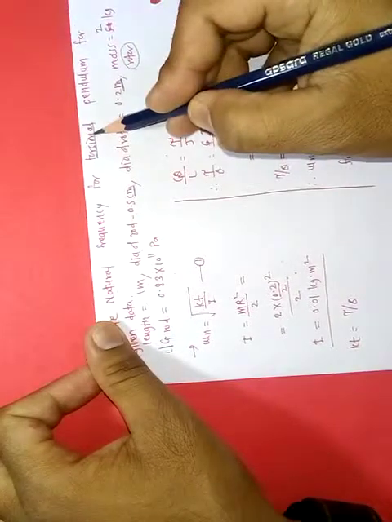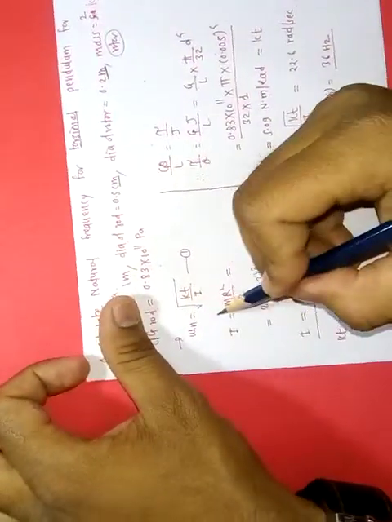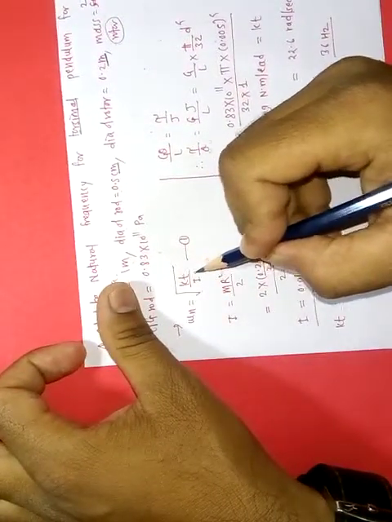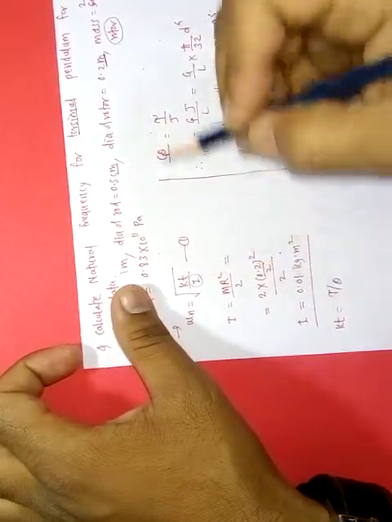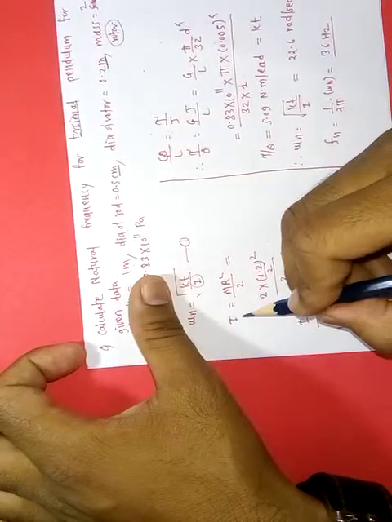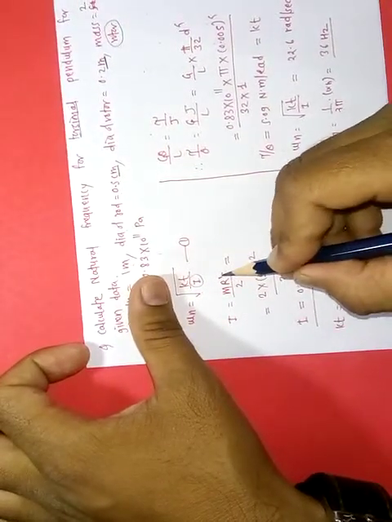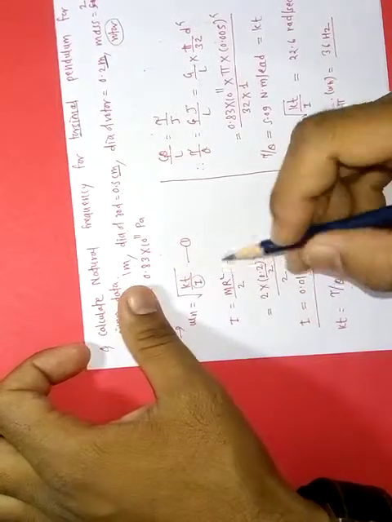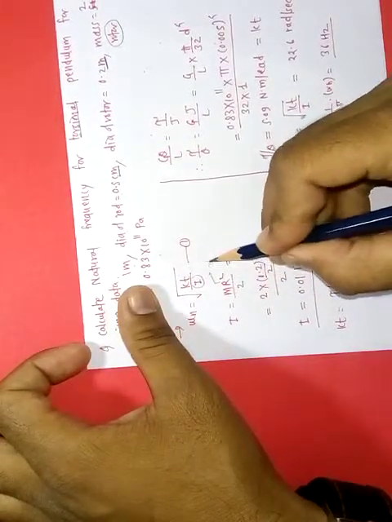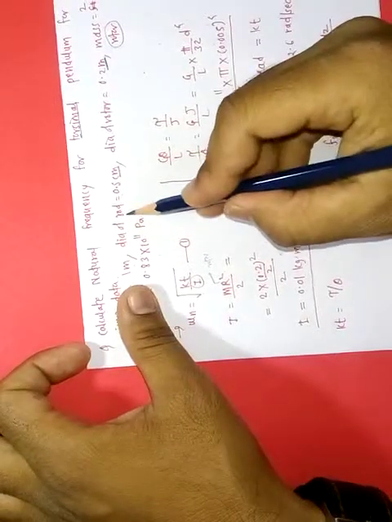For the torsional system, natural frequency is equal to under root kt upon I. I is the mass moment of inertia of the rotor, so I is equal to m r square by 2. This r is the radius of the rotor, not of the rod.